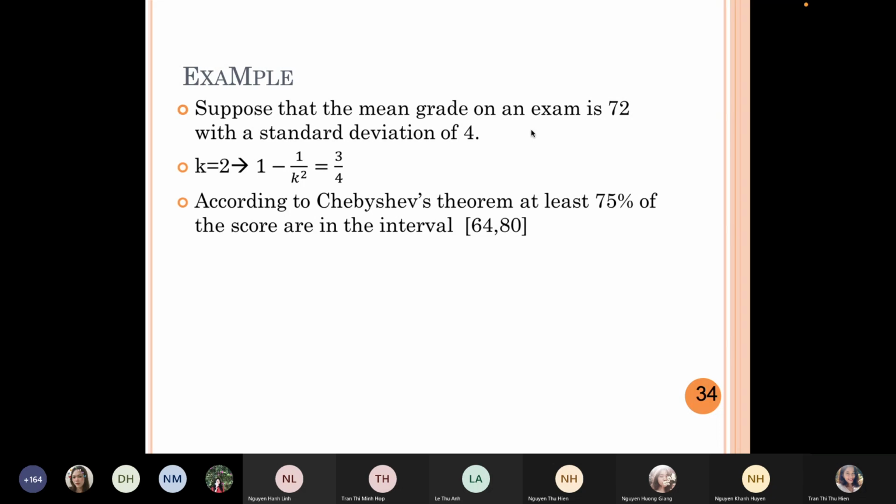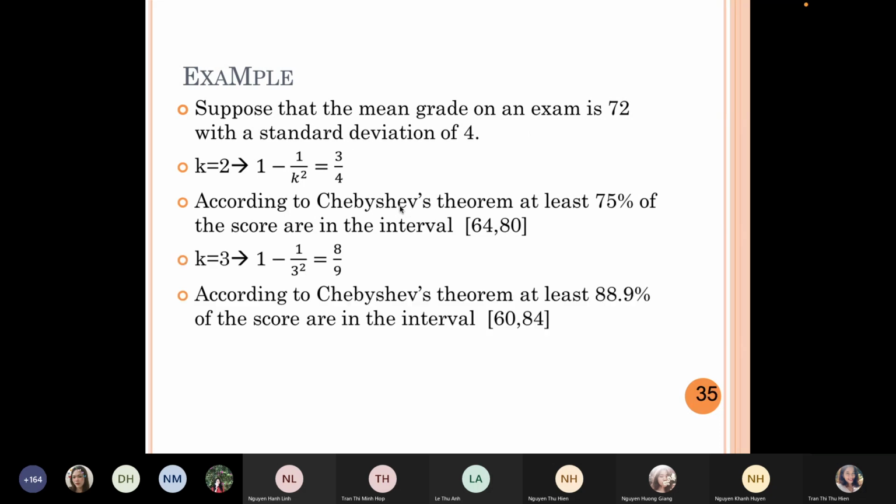We have an example in here. The mean for the exam is 72, denoted by mu equal to 72.